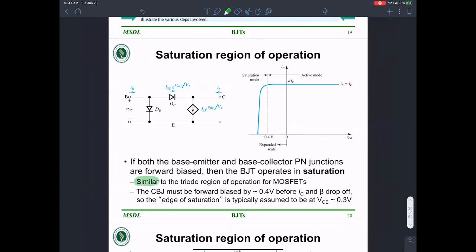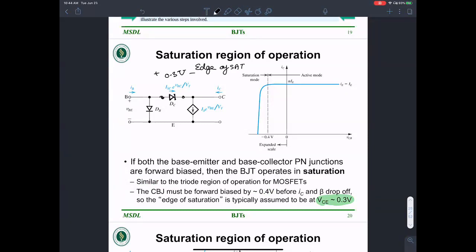The collector base junction must be forward biased by roughly 0.4 before IC and beta can drop off. So the edge of saturation is at 0.3 volts. In other words, if the forward bias voltage between the two terminals of this diode is 0.3, we are on the edge of saturation.